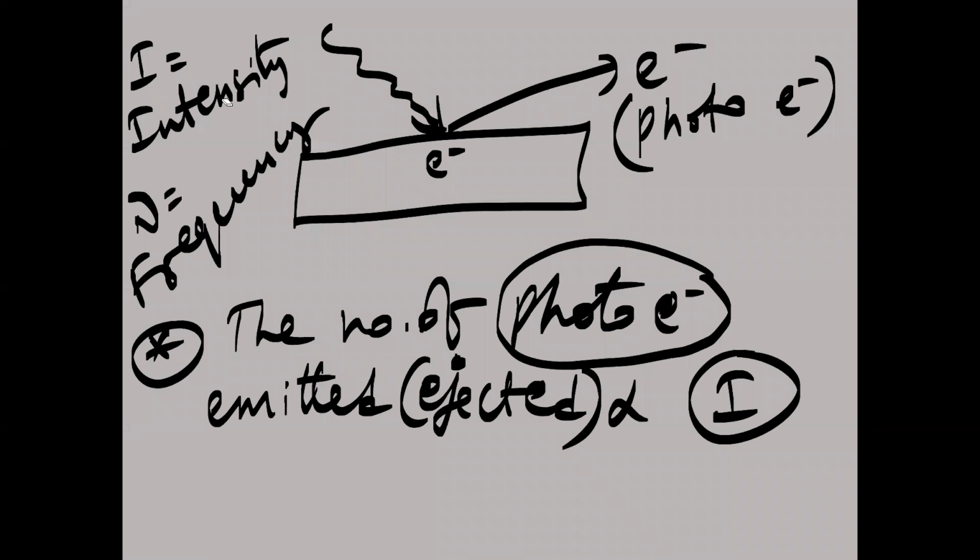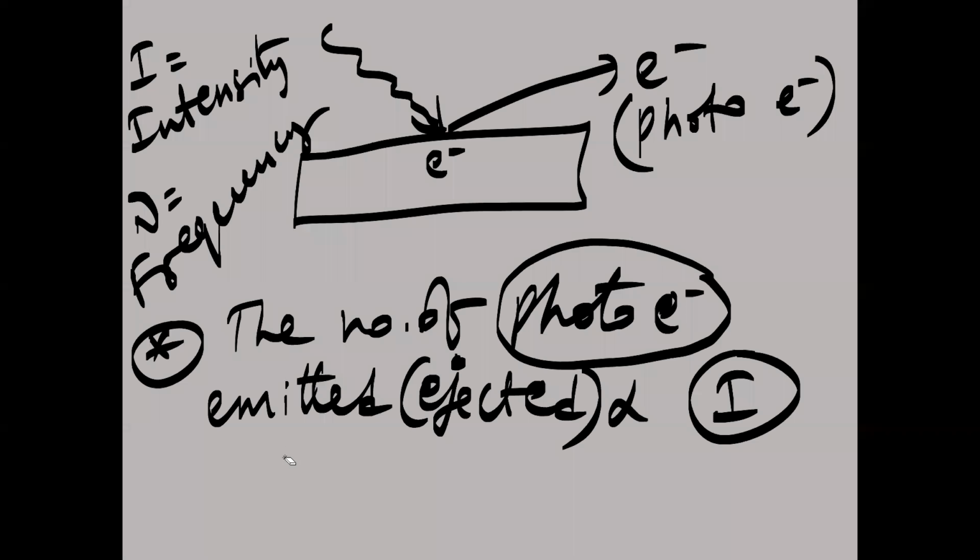More the intensity of radiation, more is the number of photoelectrons emitted. So the number of photoelectrons emitted is directly proportional to the intensity of incident radiation. We should not confuse this point.